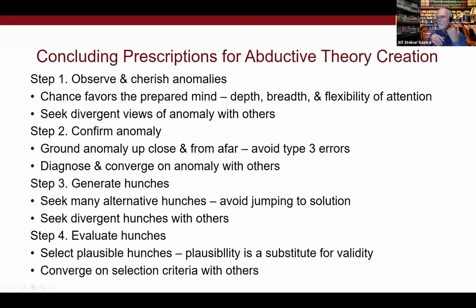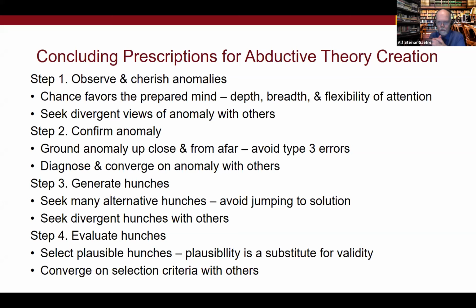We do step 2 in order to avoid type 3 errors, which Andy talked about. And we do step 3 in order to avoid jumping to solutions. Because the first conjecture that comes to mind, which we tend to fall in love with, because it was our idea, is often not the best. So you need to work with others to try and generate a wide range of hunches based on a diverse set of perspectives.